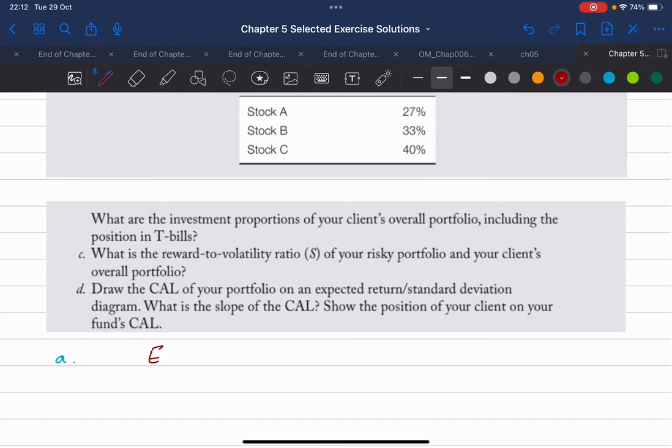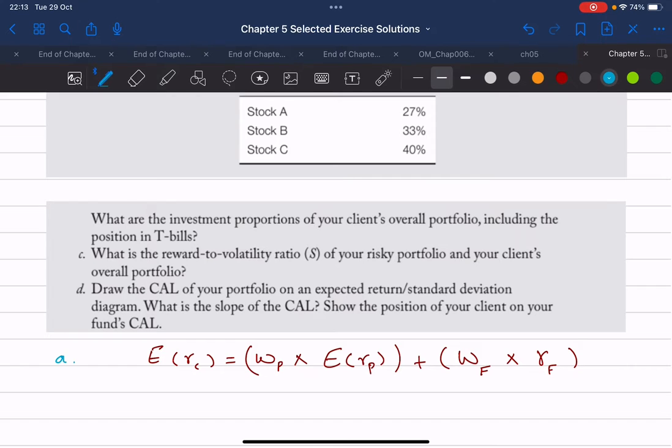The expected rate on a complete portfolio is going to equal the weight of the portfolio, P, multiplied by the expected return on said portfolio, plus the weight of the risk-free asset, let's call it F, multiplied by the return on the risk-free asset.